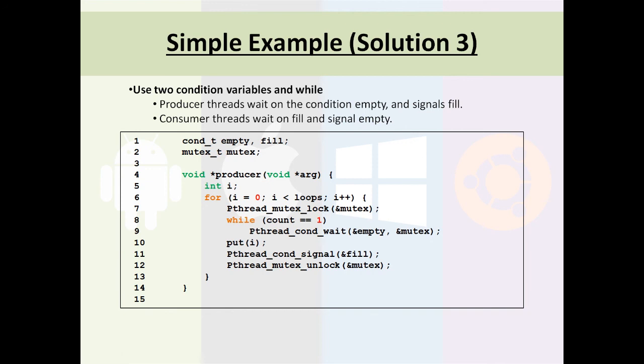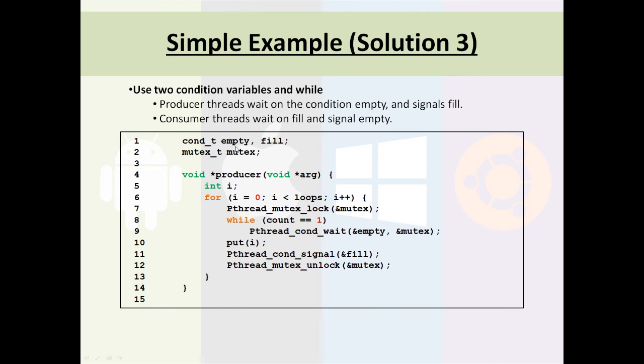So in order to properly signal which type of thread should wake up when the state of the system changes, in the code, the producer thread waits on the condition empty and signals on the condition full. So here now we have two condition variables, empty and full. It will wait on empty, so it will put itself to sleep on our empty condition.